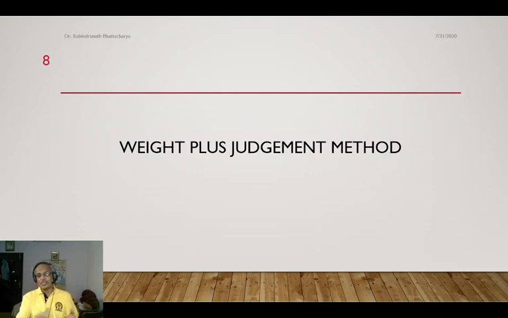So during the 70s, when I entered the industries, the weighted method was in vogue. And by the time we entered the 80s, the weight plus judgment method was in vogue. That means most of the organizations adopted this method. Here they have given certain weightage, and then they applied some judgment to find out the ranking of the suppliers.